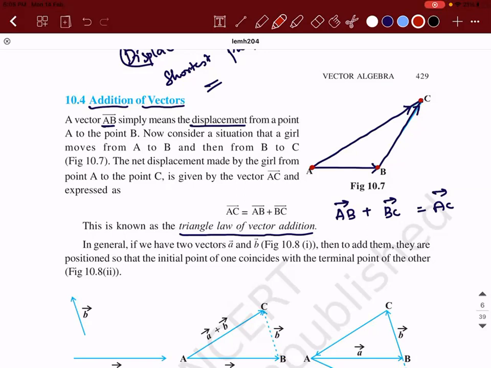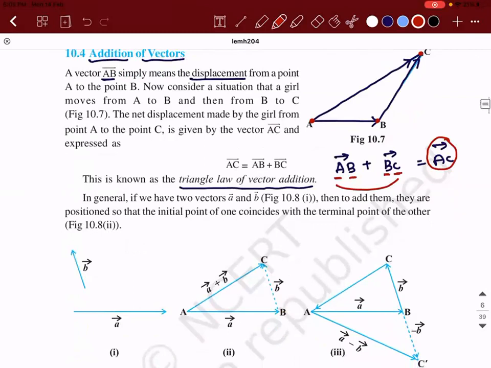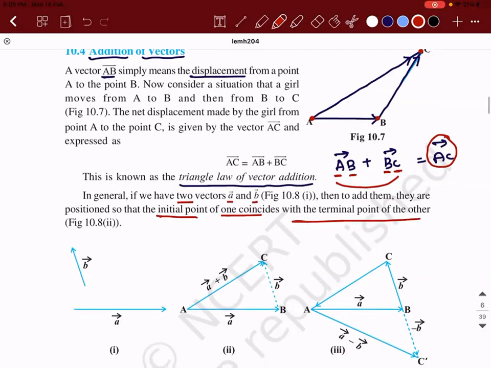See, it's starting at A, it has gone to B. So the second vector is starting at B and it has gone to C. So AB vector plus BC vector, when I take it like this, will be equal to AC vector. Okay. So in general, if you have two vectors, A vector and B vector, then to add them, they are positioned so that the initial point of one coincides with the terminal point of the other. So that is what I meant here.